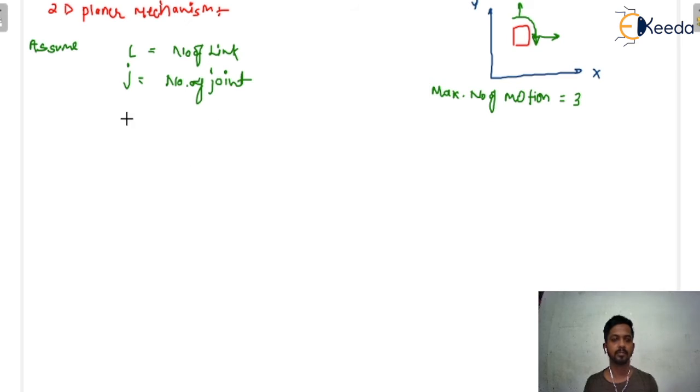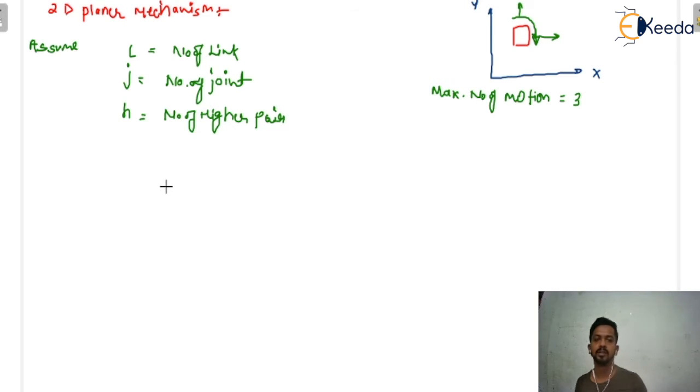Remember it. And there is a small h, that is equal to the number of higher pairs. Higher pair means if there is a point contact or line contact, there will be the higher pair. Now these are the assumptions we have considered.